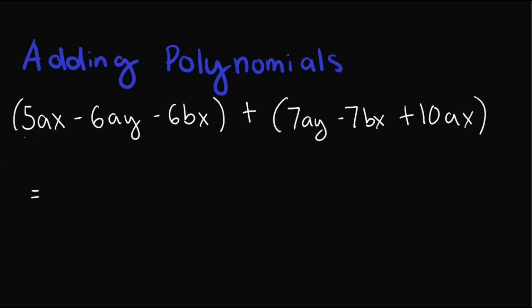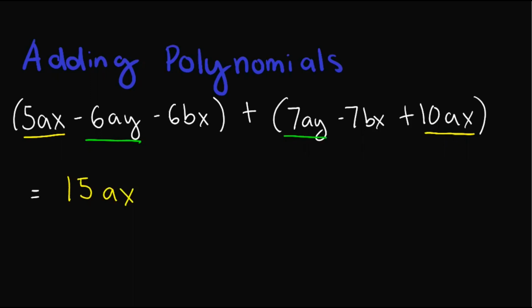So first is 5ax. Its like term in the other polynomial is this one, since its variable is also ax. So adding that one out would give us the coefficients, 10 plus 5 gives us 15ax. For the next one, we have negative 6ay. Its like term on the other polynomial is 7ay.